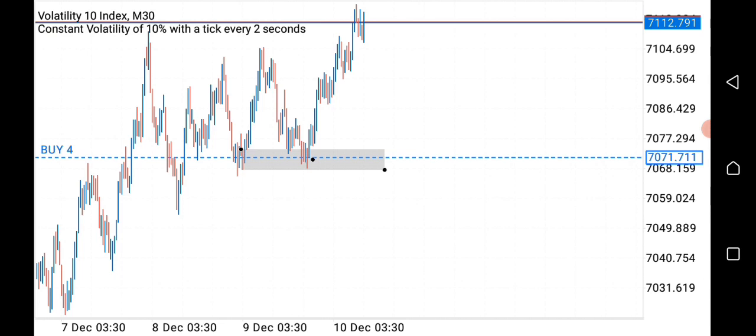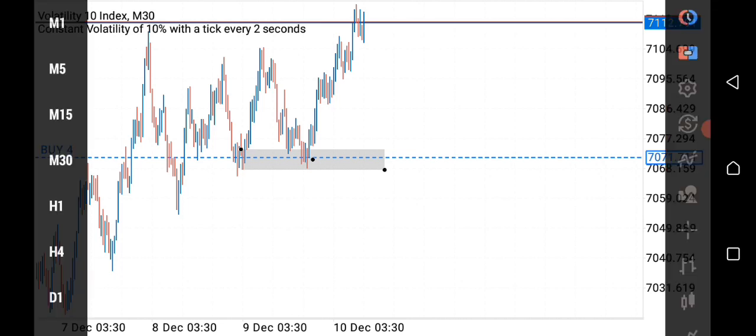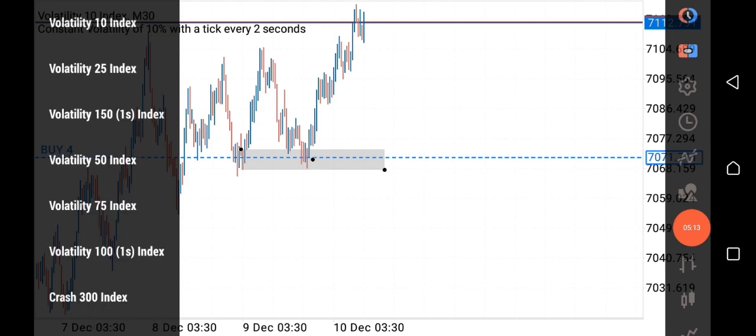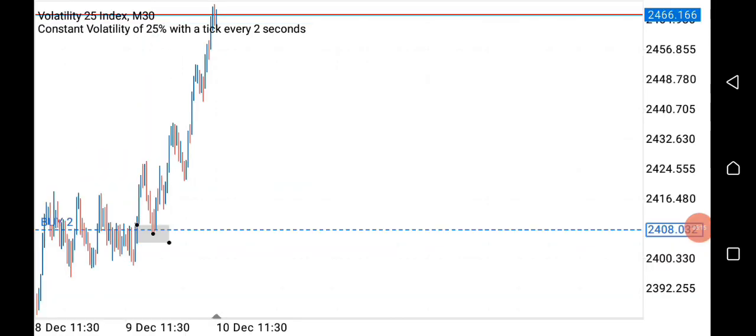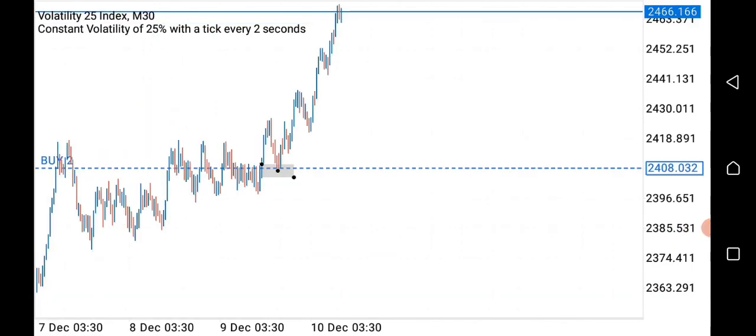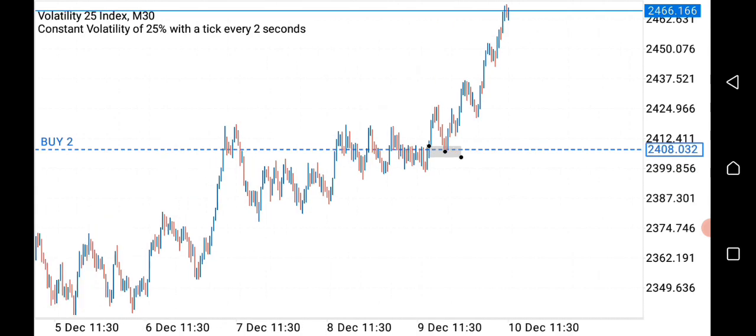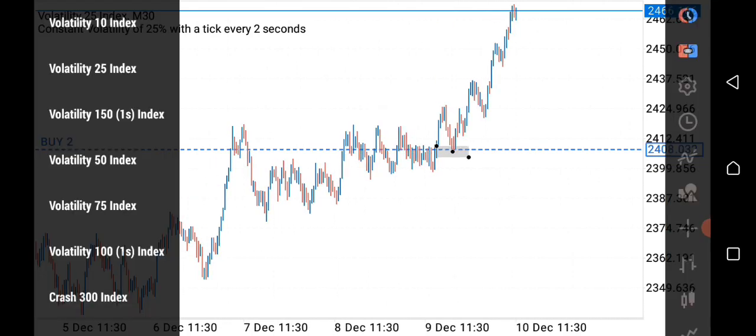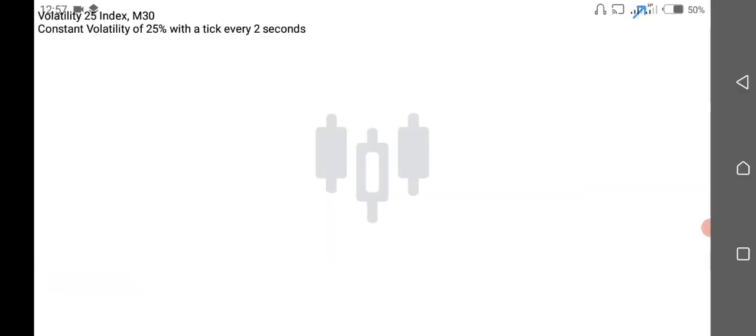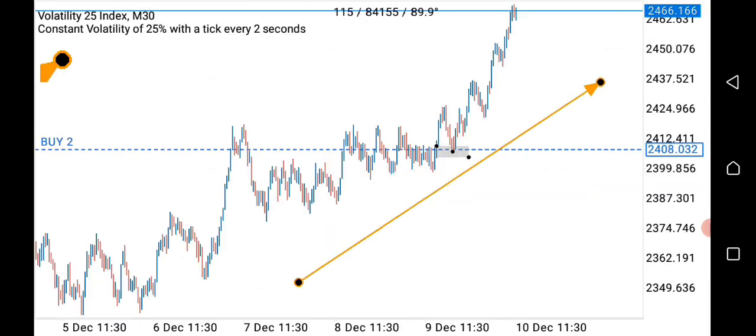Then moving down to volatility, I think that was volatility 25. Yeah, on volatility 25, the same thing happened. We determine the trend of the market. You can also see that this is an uptrend.